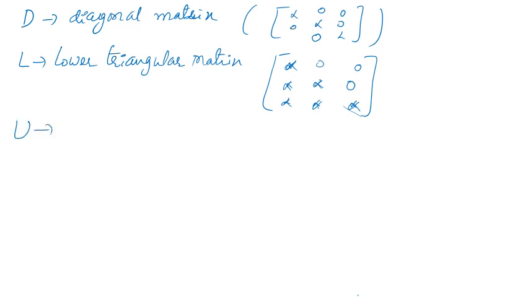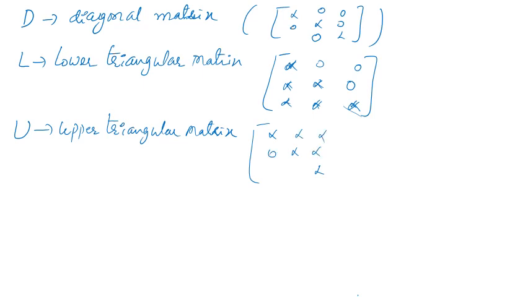And U, upper triangular matrix. Upper triangular matrix means the diagonal positions are there, above the diagonal elements are non-vanishing, and below the diagonal elements are zeros. This is upper triangular matrix.